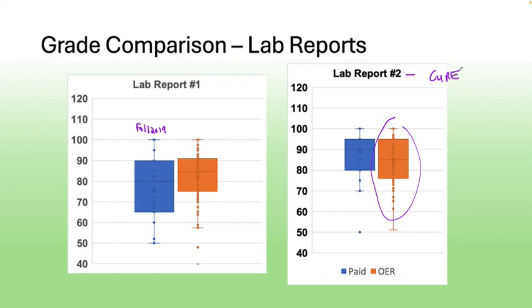And this was something that did not exist in the paid lab manual. So we were pretty happy with the outcome of this, because the students were not only gaining more real life research skills, but it didn't greatly or negatively impact their grades.